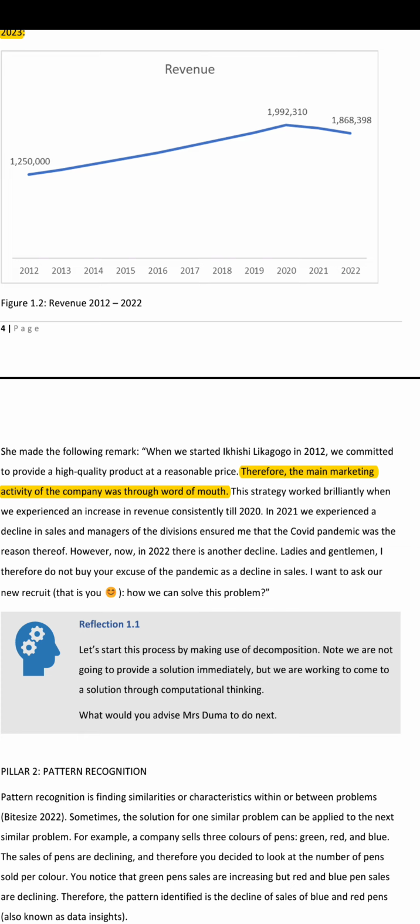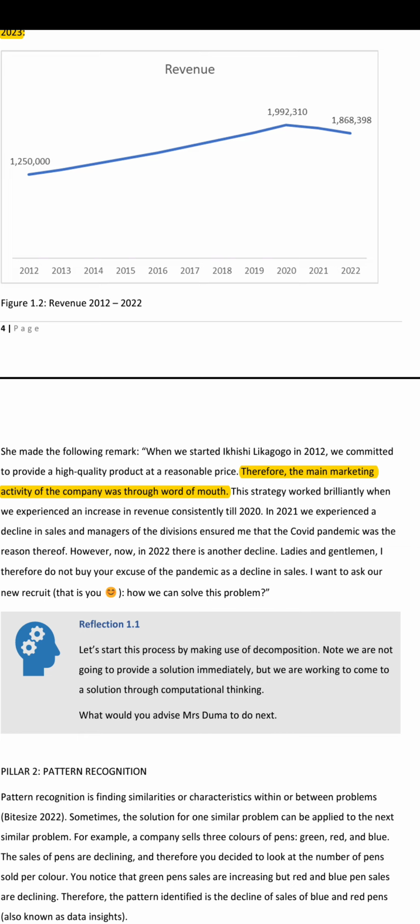The question, or the required, basically says, let's start this process by making use of decomposition. Note, we are not going to provide a solution immediately, but we are working to come up with a solution through computational thinking.